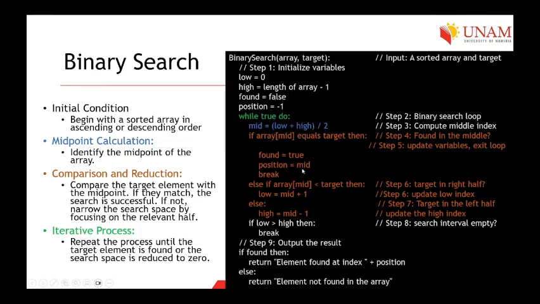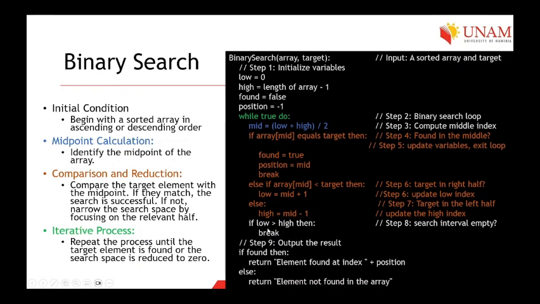Otherwise, if it is not equal, determine whether the middle is smaller than the target, because if what is in the middle is smaller than the target, then we need to move past the current middle by adding 1 to mid, and that becomes our lower bound. Otherwise, if it is greater, then it means that we need to move the upper bound so that it is before the middle element. This is why we have high equal to mid minus 1.